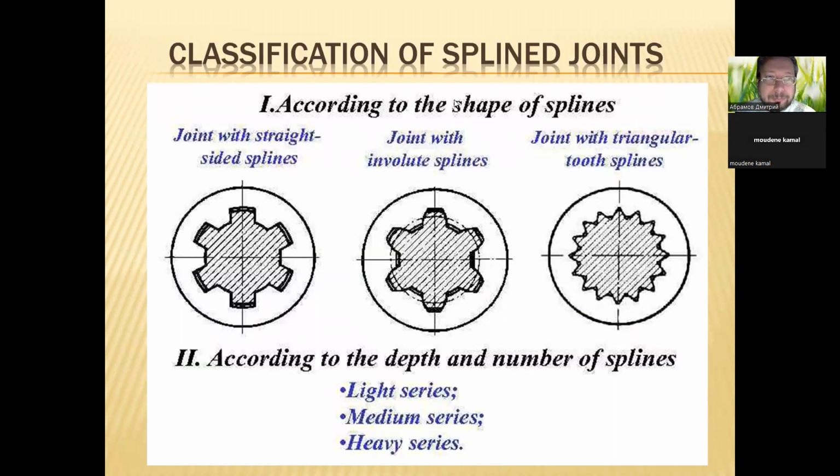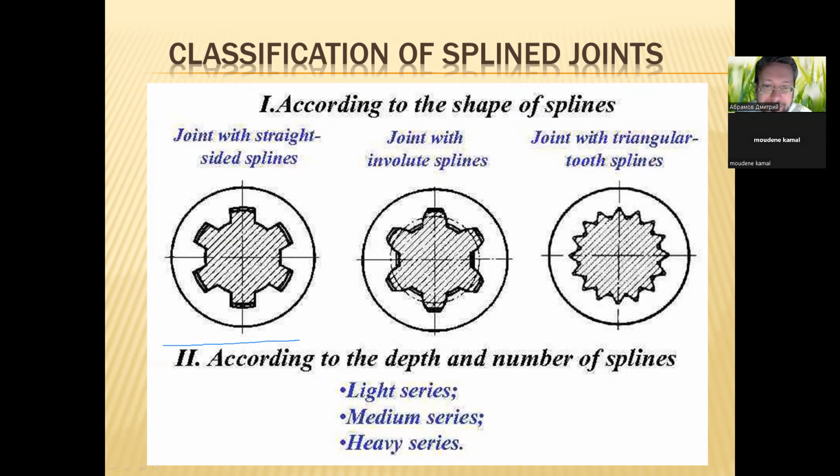Classification of splined joints according to the shape of splines. Joint with straight-sided splines. You can see this type in figure 1. Next type of splines, it's joint with involute splines.